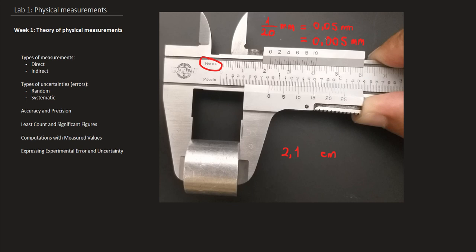So how can we put this millimeters or this count into this measurement? Let's try to see this line. This line falls here. We can say that if this line falls here, 2.1 centimeters will be the measured height of this cylinder. But here we have also another kind of lines.